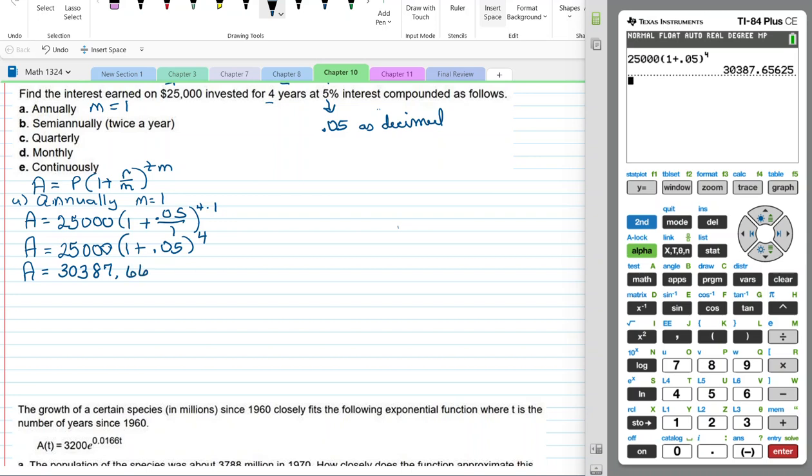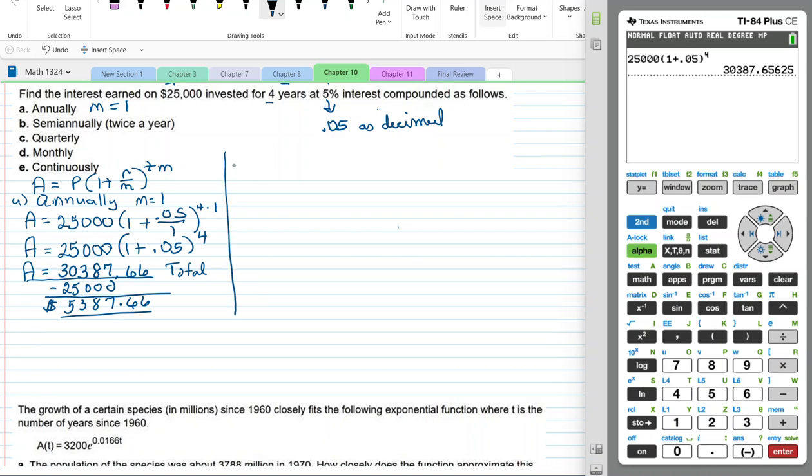Okay, now this is the future value, the total. So we're going to subtract the initial to find interest. So he made $5,387. Okay, because they wanted interest earned. All right.